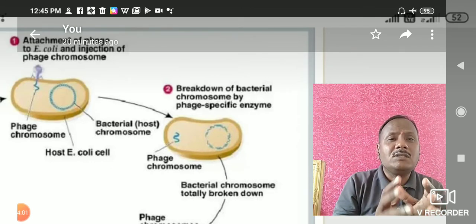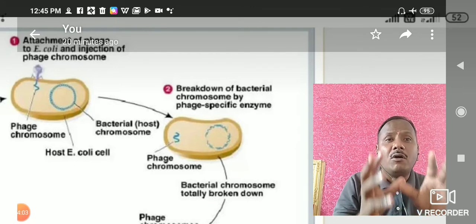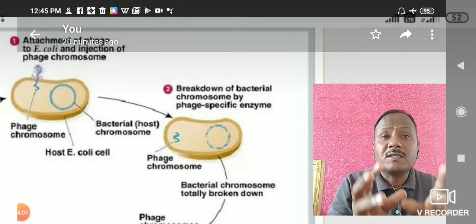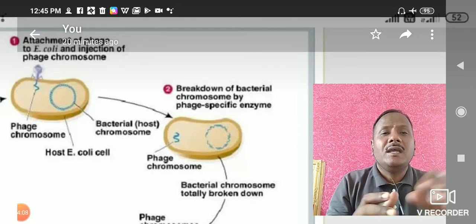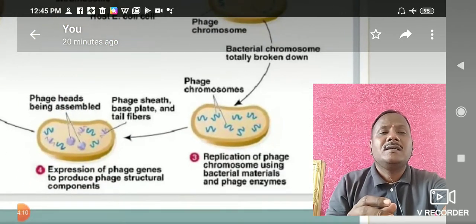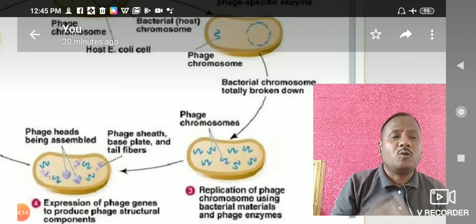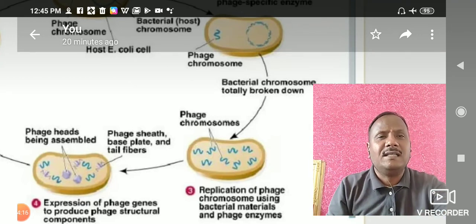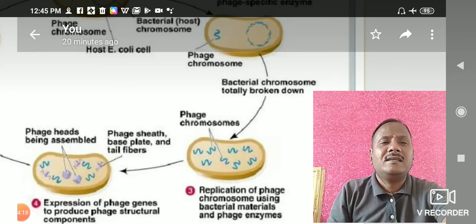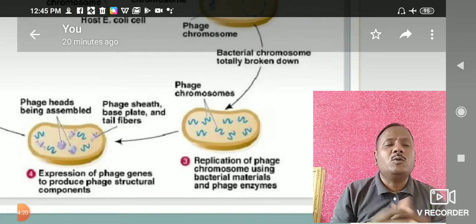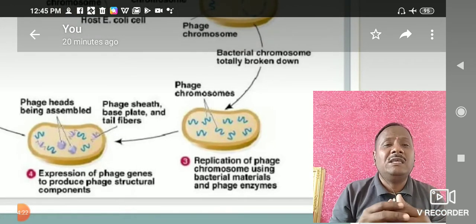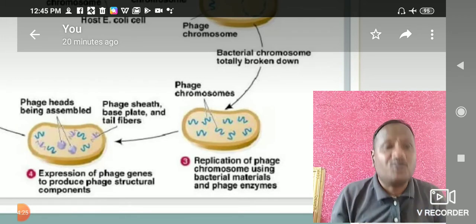Why? Because due to the effect of phage specific enzymes, later on bacterial chromosomes are totally broken down in the bacterial cells, and broken down chromosomes of bacteria become phage chromosomes.